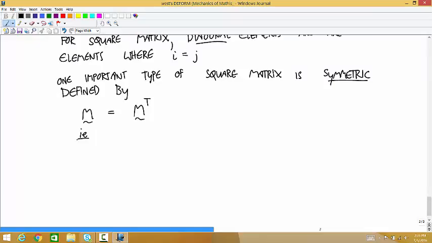Another way of saying that is Mij is equal to Mji. The stress tensor that I listed above is an example of a symmetric matrix.